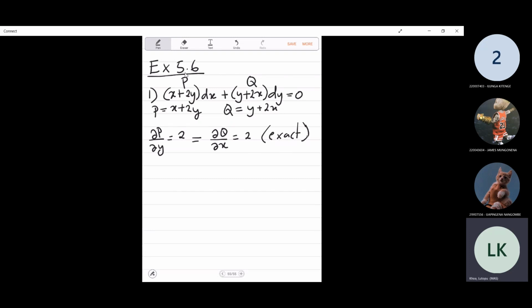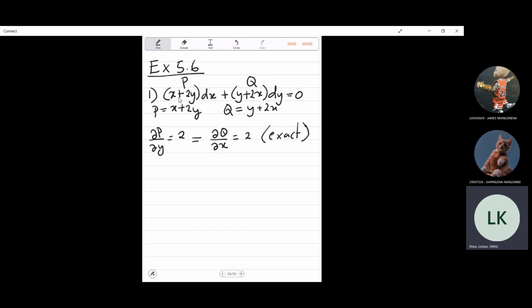You can integrate p with respect to x and then differentiate with respect to y, solve for the function of y and then substitute, or do it the other way. So integrate q with respect to y.